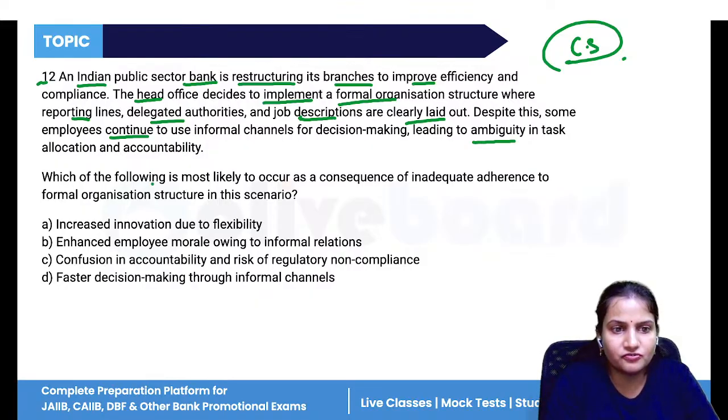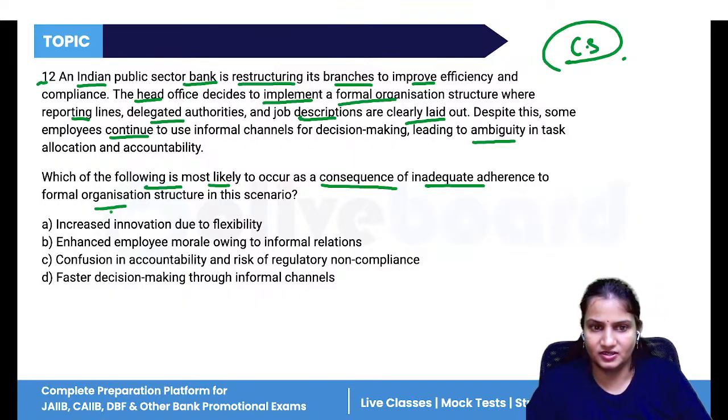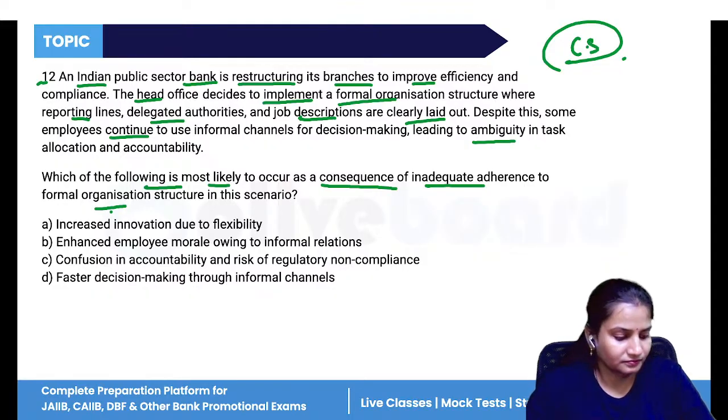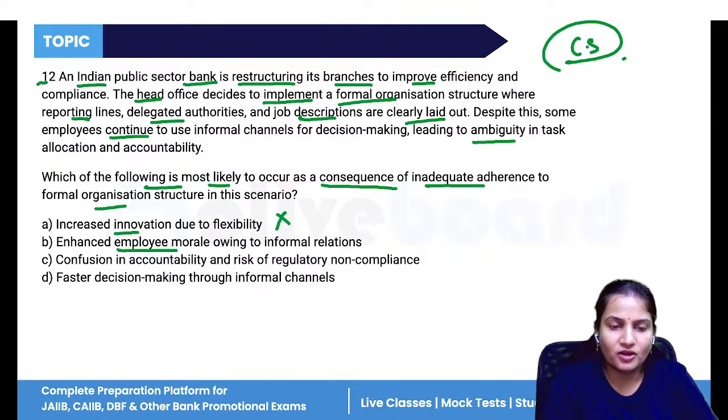Now, which of the following is most likely to occur as a result of inadequate adherence to formal organization? If the company's employees are not following the rules and regulations of formal organization, then what would be the consequence? It will increase innovation? No. It enhances employee morale?